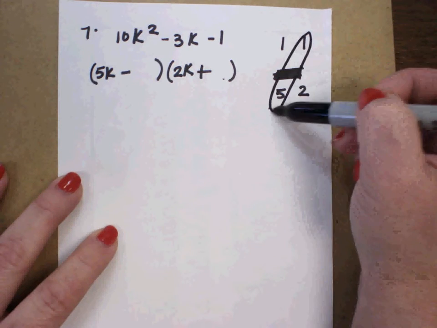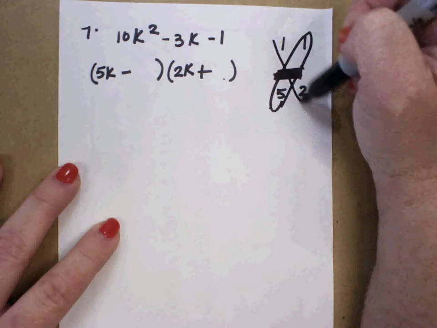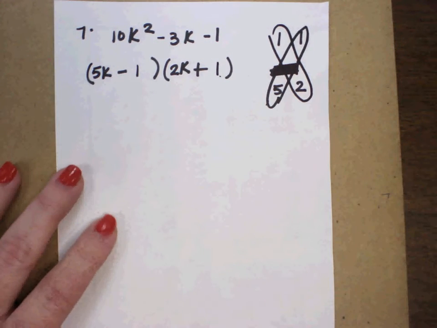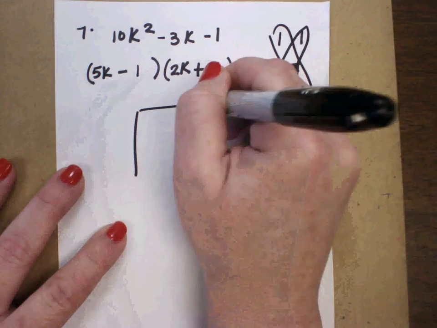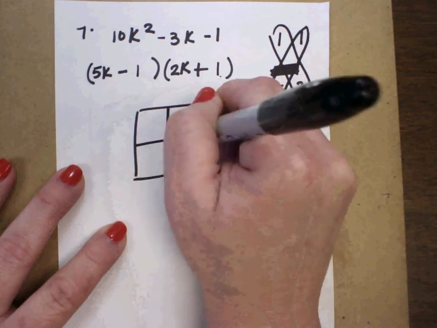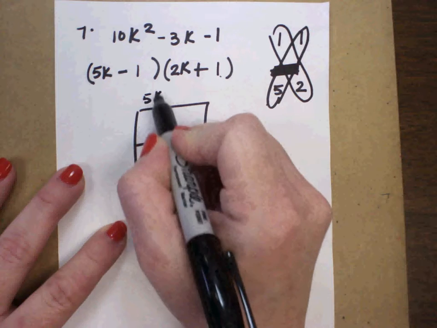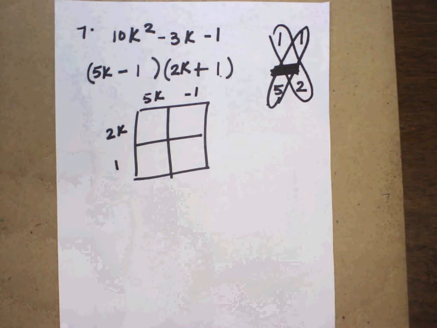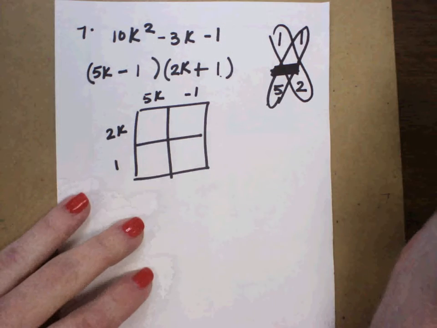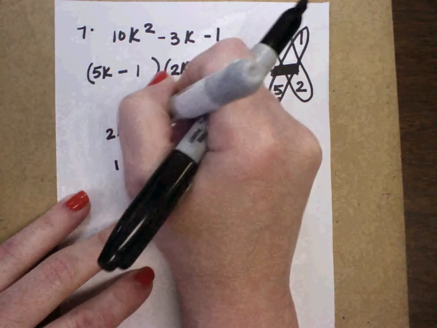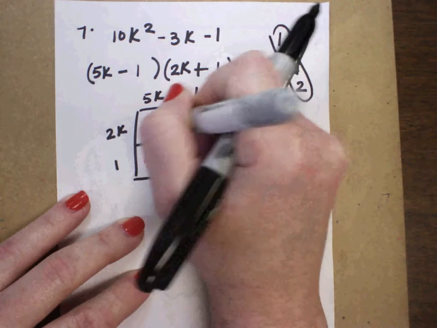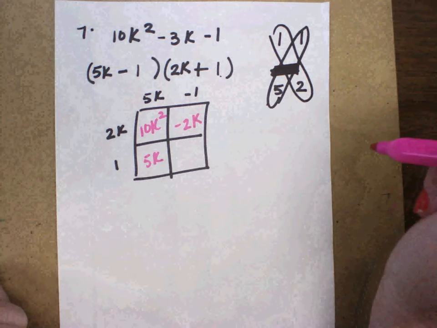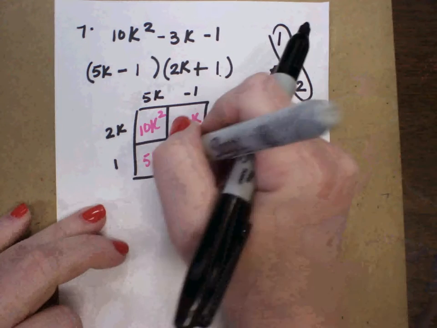So 5k times 2k, 10k squared. This is 5k. Uh-oh. Minus 2k. I don't think this is going to work. Right? Why is it not going to work? It's a negative 3, and right now I got a positive 3, which means that's got to be positive, and then the other one's got to be negative. Very good.